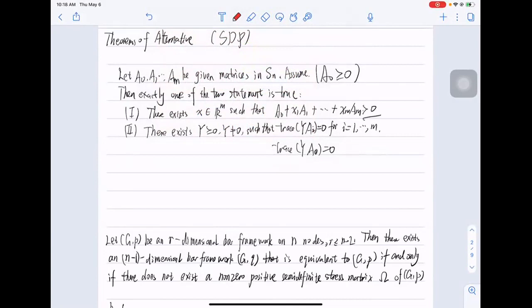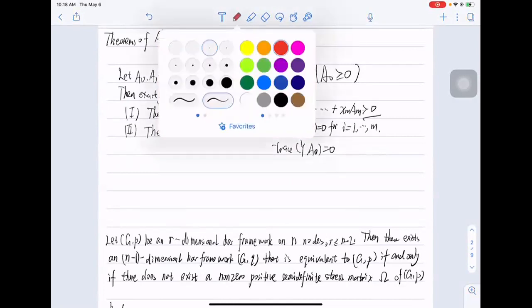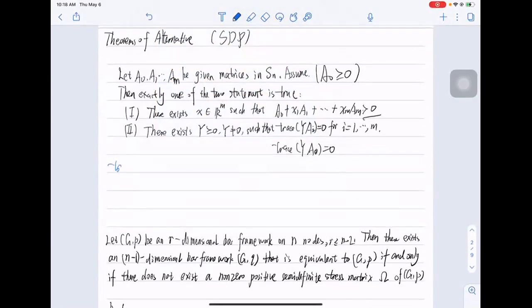Because if 1 and 2 are both true, then consider the trace of y times A(x), where A(x) is just x_1 A_1 plus ... plus x_m A_m.